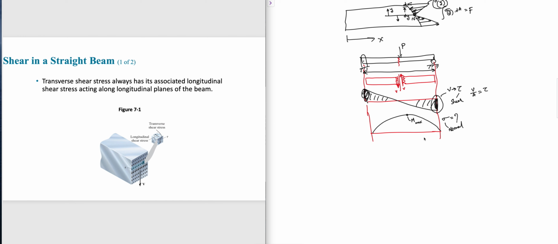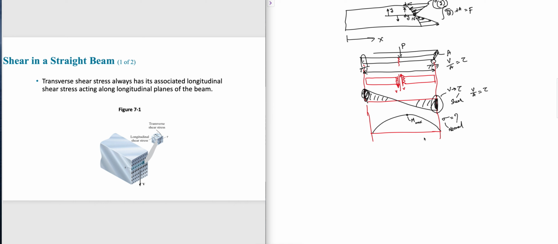If we know the beam's cross section to be A, you may be thinking, oh, it's nothing but V over A, you'd be getting tau. On a crude manner, yes, you're right.